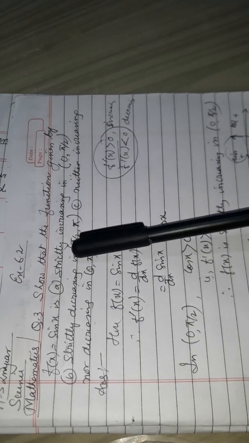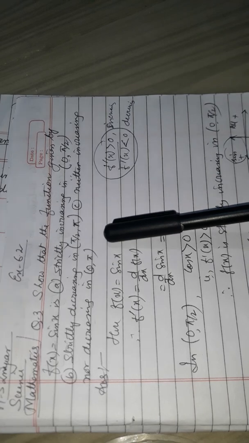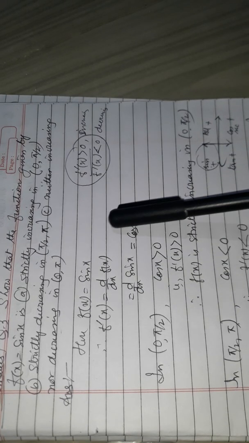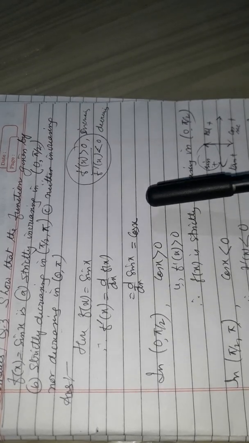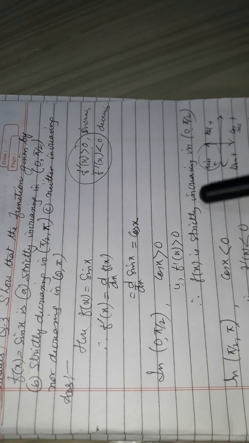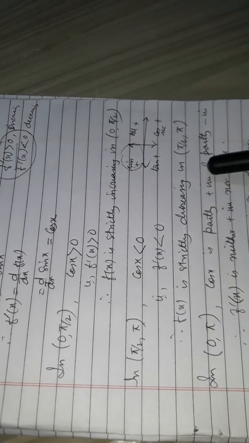So this was our first question: the function given by f(x) = sin x is strictly increasing in this interval, strictly decreasing in this, and neither increasing nor decreasing in this one. Here we are applying the rules of derivative. If our first derivative is positive in some interval, then it is strictly increasing. If it is negative in some interval, it is strictly decreasing.